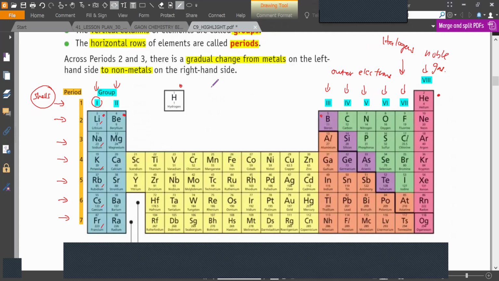It is the order of proton number. Hydrogen has 1 proton, helium 2 protons, lithium 3, beryllium 4, boron 5, and so on. So we put the order in the number of protons.